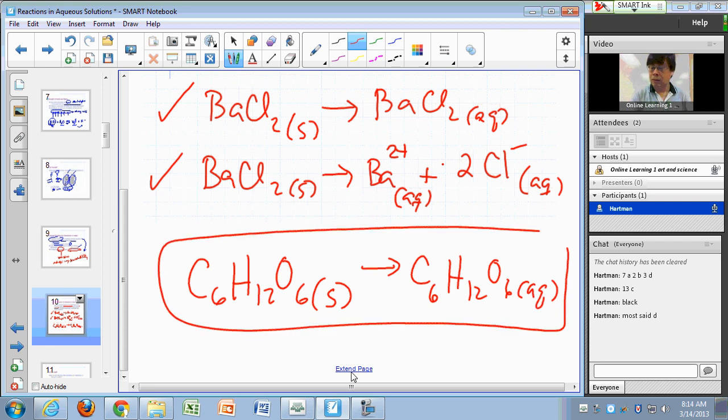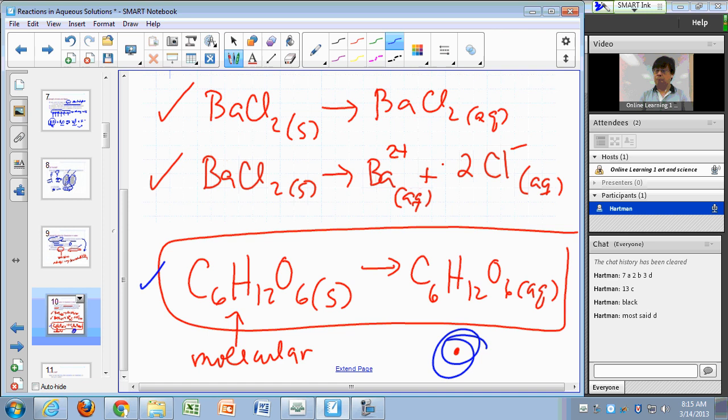This is the dissolution reaction for glucose in water, and we don't have an ionic equation for this because glucose is a molecular compound. If you put it in water, the molecules are not going to break apart into ions. They will stay intact as molecules. So each glucose molecule will just be surrounded by water molecules.